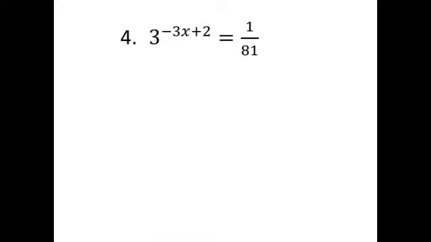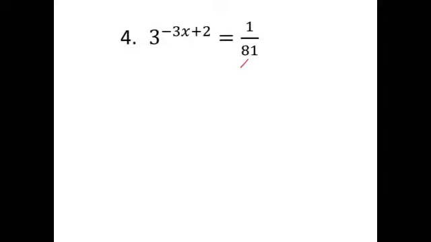On 4, we have a little bit of a different situation because on the right side we have this fraction, and on the left side we have a base of 3. Well, what you need to do is get this bottom part, express this as a base of 3, and it's going to be 3 to some negative number.